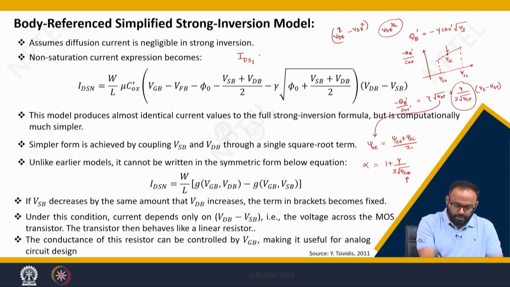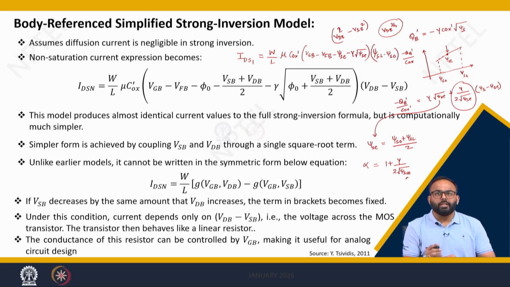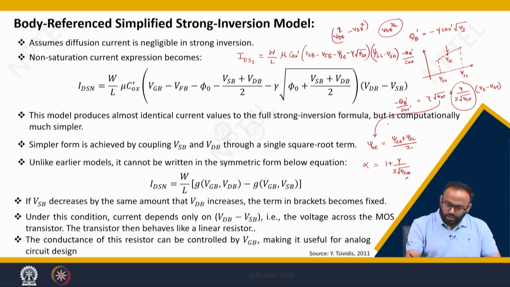nothing but IDS1 is equal to W divided by L, mu into Cox dash, into VGB minus V flat band voltage minus psi s e minus gamma root psi s e, into psi s l minus psi s 0. Considering the strong inversion, you can put all these values here, where psi s e is nothing but psi s 0 plus psi s l.